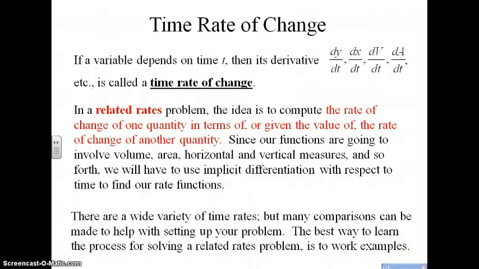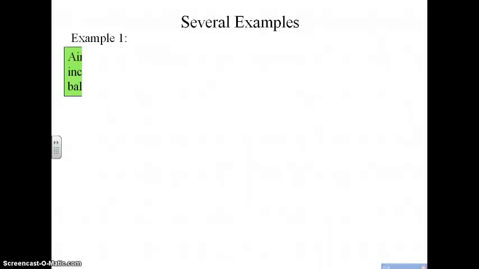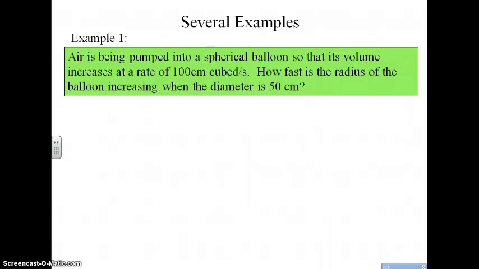There are a wide variety of time rates, but many comparisons can be made to help with setting up your problem. The best way to learn the process for solving a related rates problem is to work examples. So that's what we're going to do, example after example. Please take good detailed notes. Follow the overall process, and you'll see the repeated process that I do in each one of these examples.